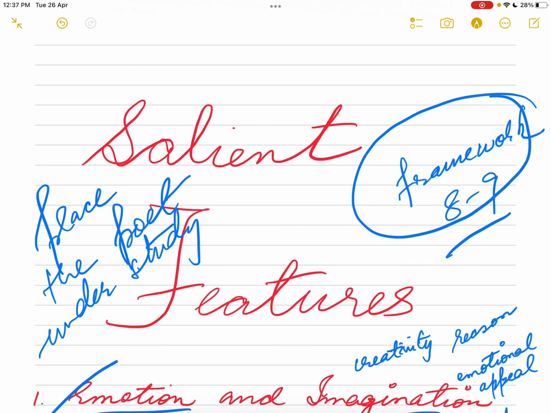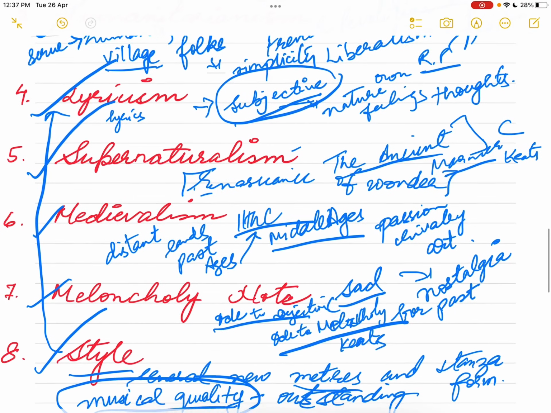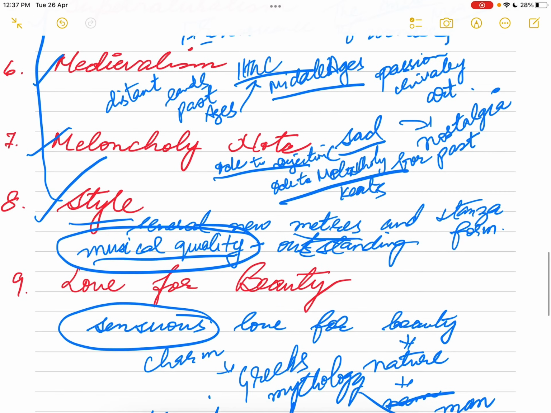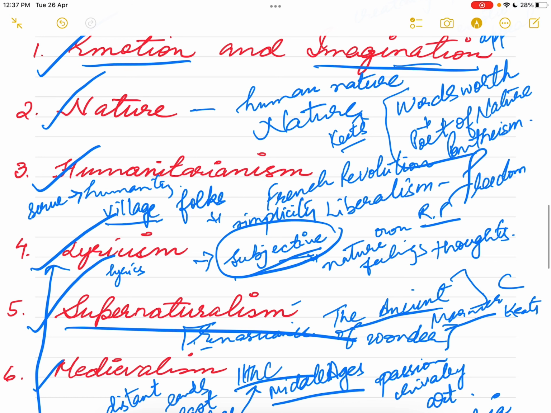Whichever poet we are studying, you will set them within this framework. Out of these features, what features belong to Wordsworth? What features belong to Keats? What features belong to Blake, for that matter? Or what features belong to Coleridge? Right? So this is the most significant part before we venture into discussing the poems.